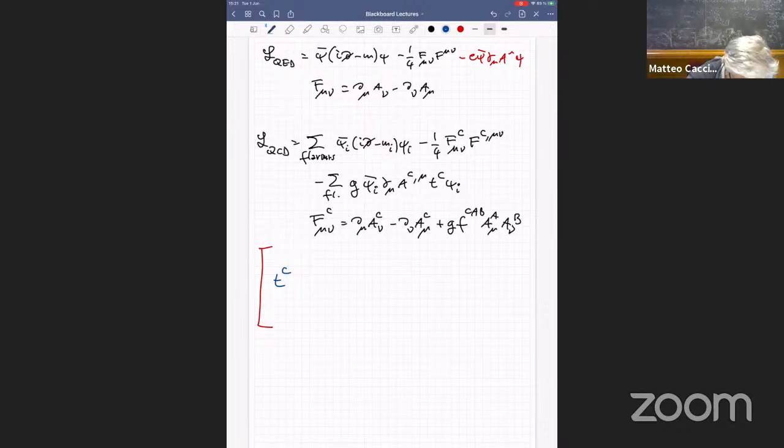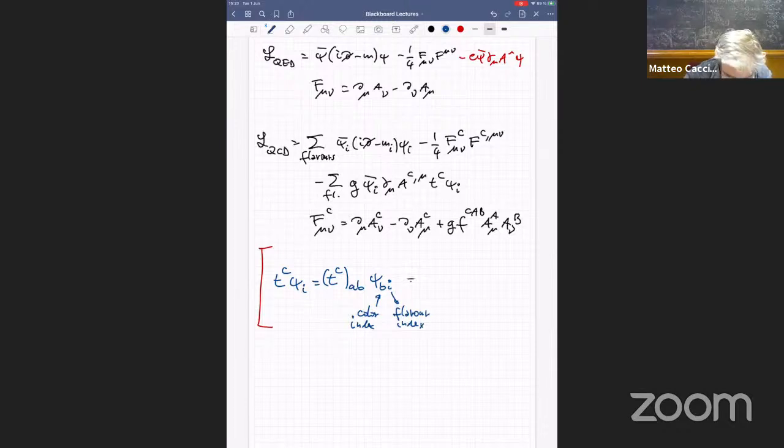So when I write something like this, what I actually mean in terms of indices is (T^c)_ab, a matrix acting on psi_b^i, where a, b are the color indices and i is the flavor index.